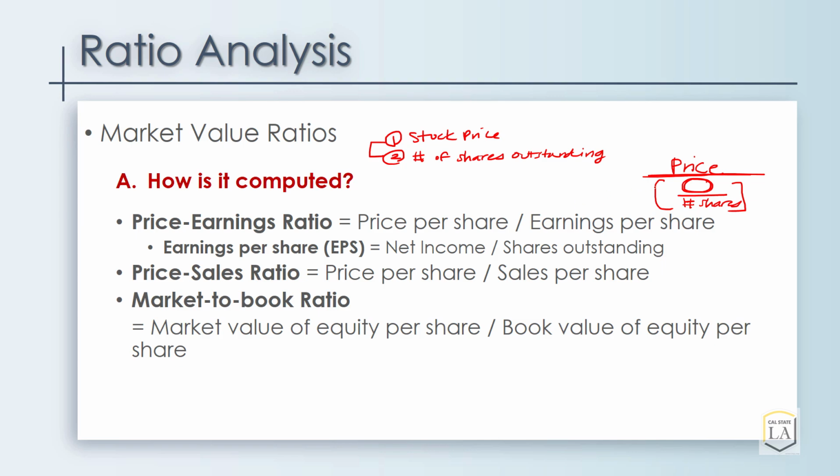If you are using net income in this place, then it will be called price to earnings ratio. Maybe you would want sales for this place, then it will be called price to sales ratio. And also, if you are using equity from the balance sheet in this place, then that will be called market to book ratio.